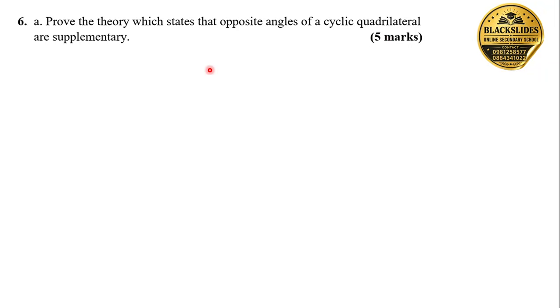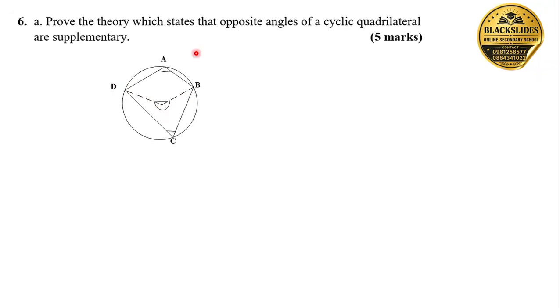So you start by sketching the diagram. Don't worry about drawing it to scale or trying to be systematic. Just sketch the diagram. So this is a circle inside of which there is a quadrilateral.